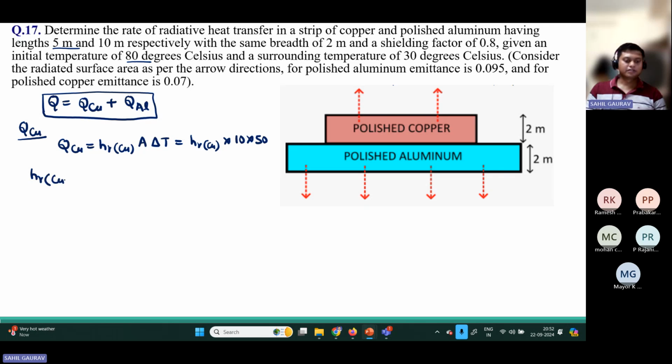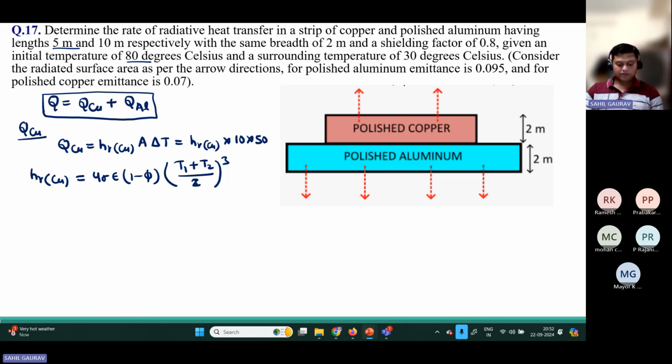The radiation thermal coefficient HR CU will be 4 into sigma epsilon (1 minus phi) ((T1 plus T2) upon 2) cubed. Here epsilon is different for both.